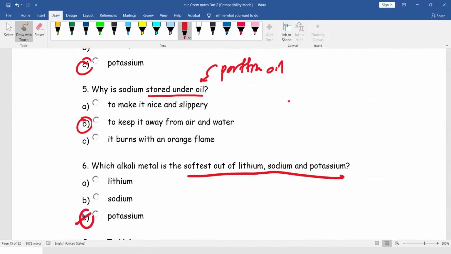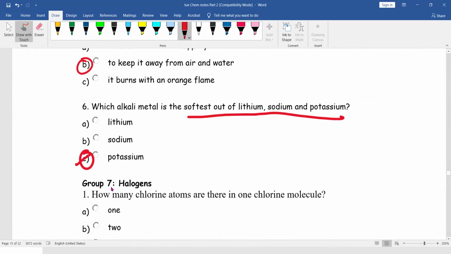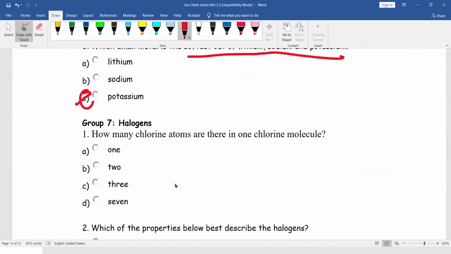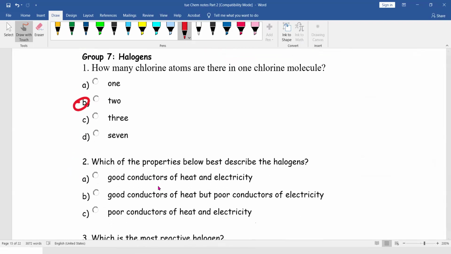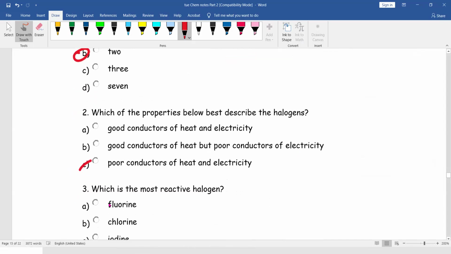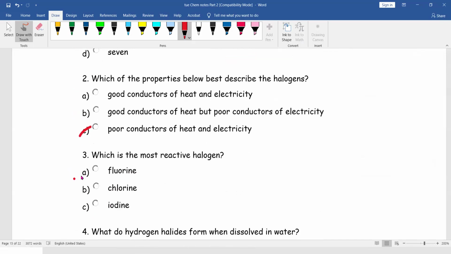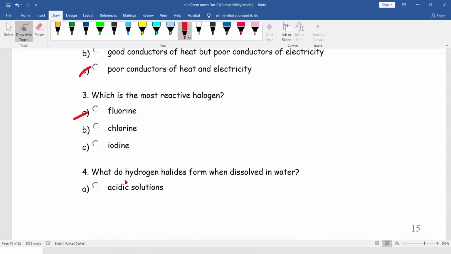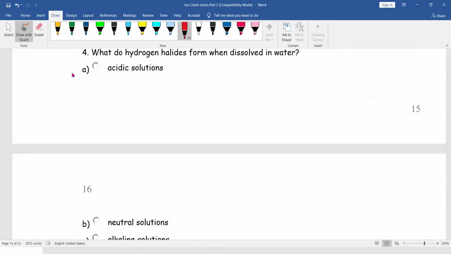So potassium. How many chlorine atoms? Two. Which properties best show the described halogen? Poor conductors of heat and electricity. Most reactive, fluorine. Why do hydrogen halides form an acidic solution when they dissolve in water? Acidic solution.